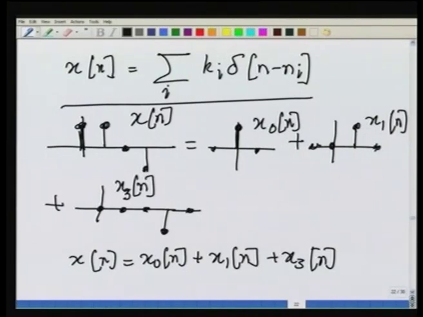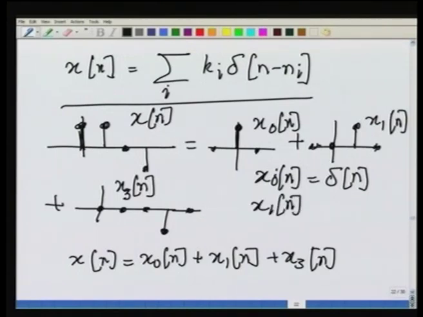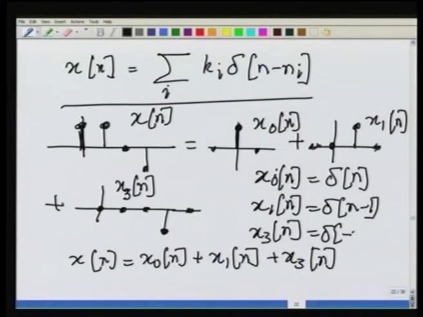We can write x 0 n as equal to simply delta n, the Kronecker delta. x 1 n becomes equal to delta n minus 1. x 3 n becomes equal to minus delta n minus 3.